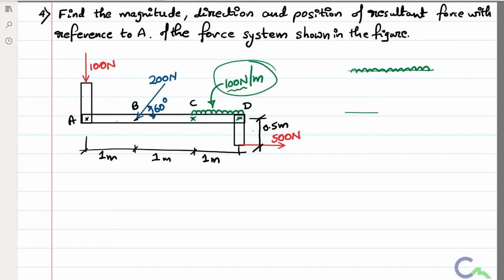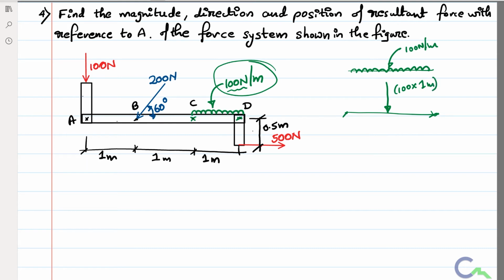So we have to convert that into a point force, that is nothing but 100 Newton per meter. So force value, that is 100, into length, it is acting for a length of 1 meter. So length is 1 meter.